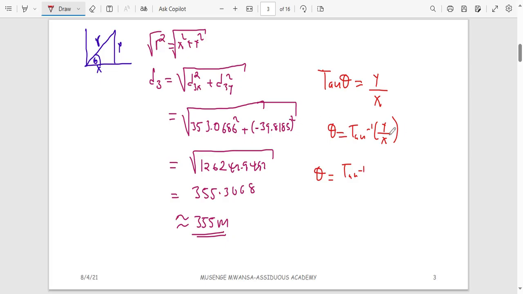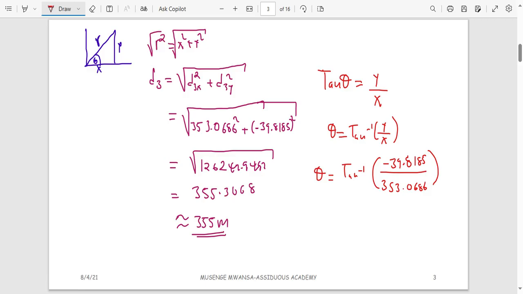So what is the x y component? Oh, please always put y component on top, please. Y component is what? Negative 39.8185 divided by the x component, which is 353.0686. Just get this. It is easy, guys.